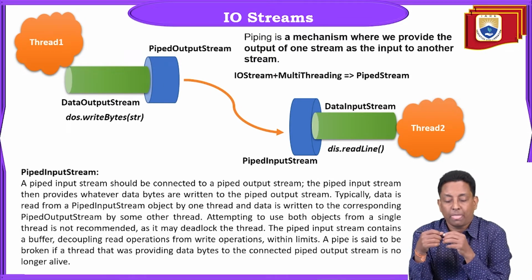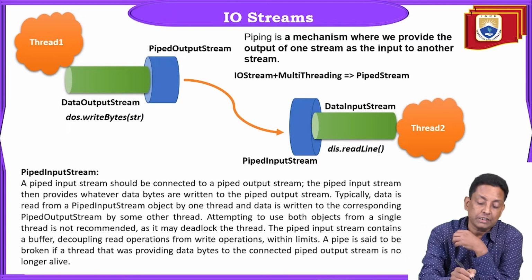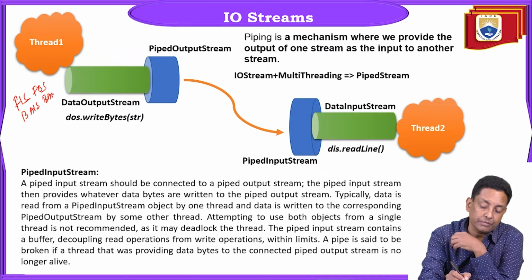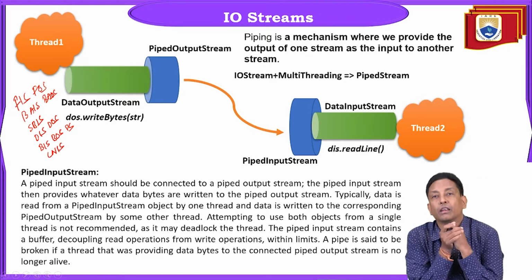So coming to the piped streams. In IO streams, so far we discussed file input stream, file output stream, buffered input stream, binary input stream, binary output stream, string buffer input stream, data input stream, data output stream, buffered output stream, print stream, line number input stream.